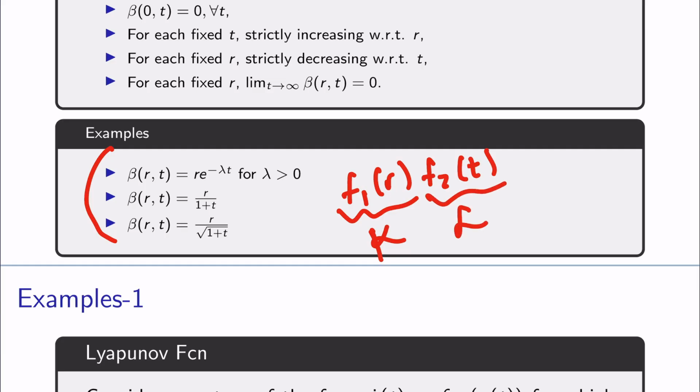If you notice, this is something increasing over time, and this is something decreasing over time, when you fix the other argument of this function. And again, the same thing for this. We basically have one class K function and one class L function, and we just multiply them to have this class KL function.